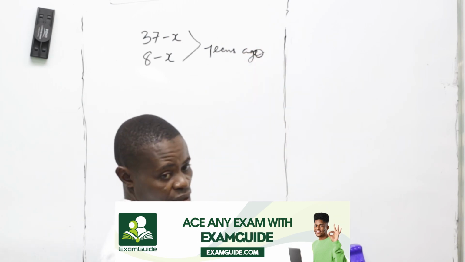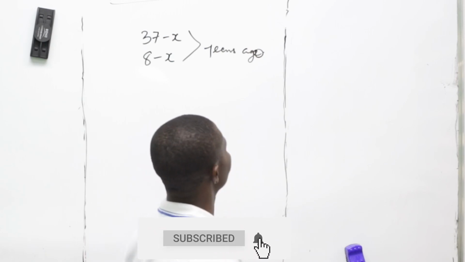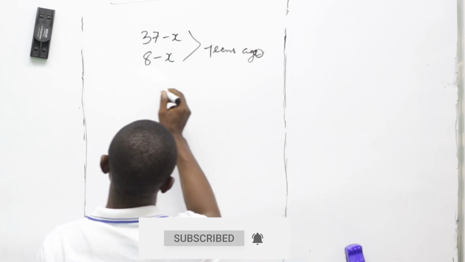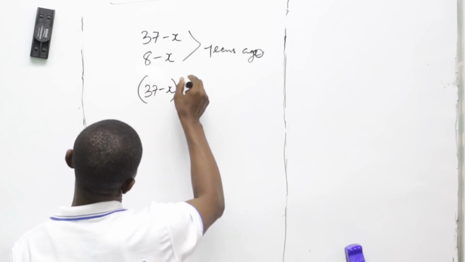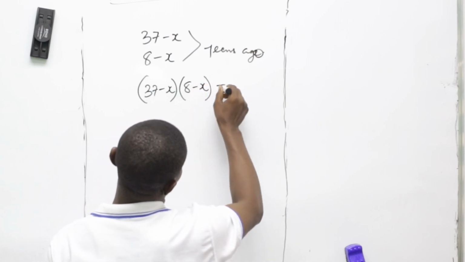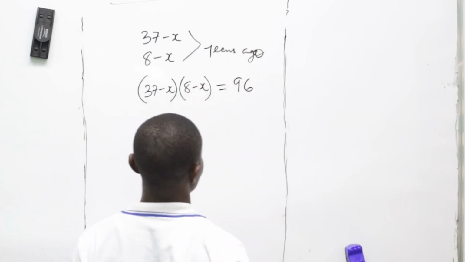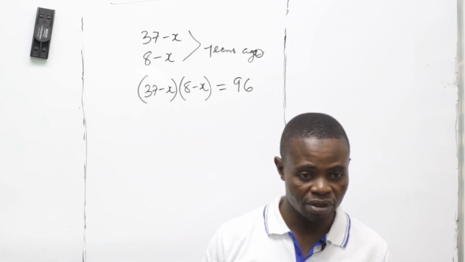Come back to the question. They say the product of their ages is 96. Meaning 37 minus x into 8 minus x, that is the product, equals 96. This is a pure quadratic equation.